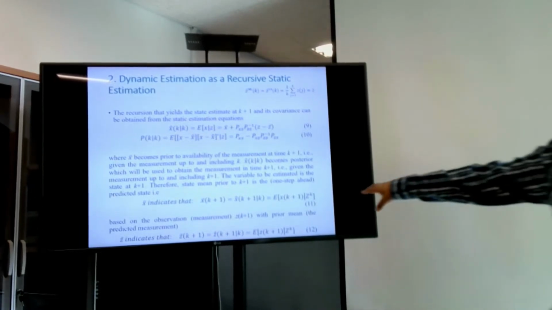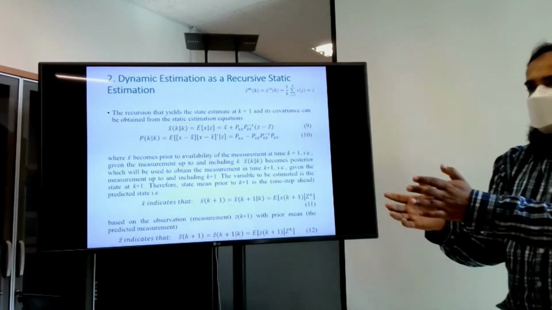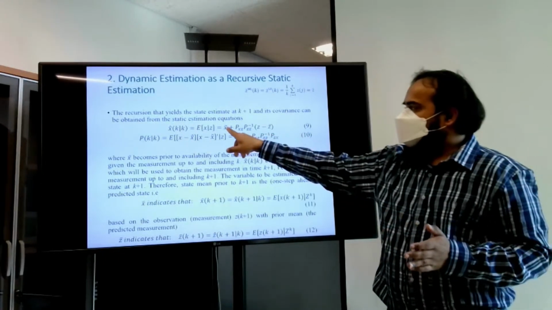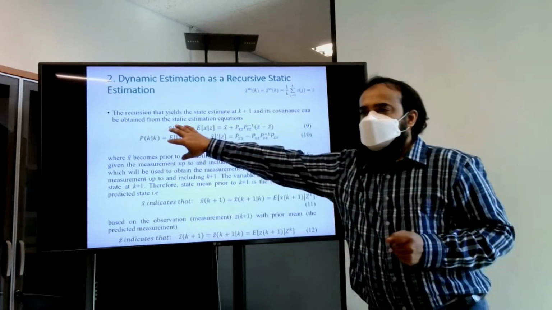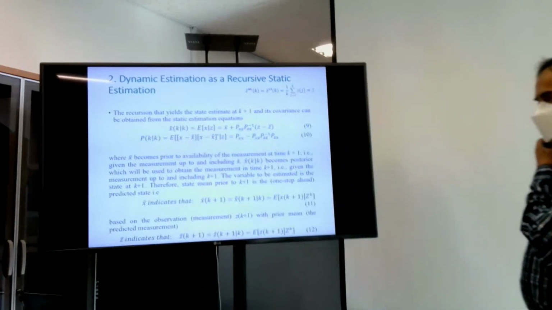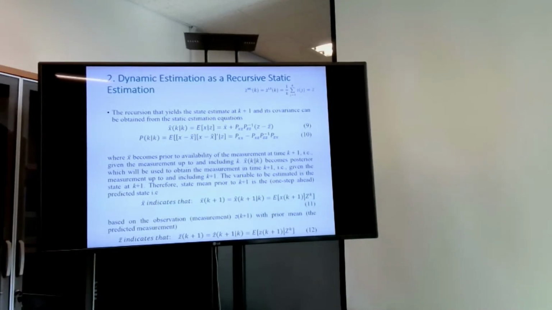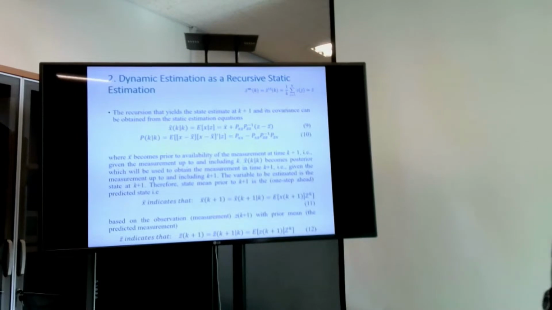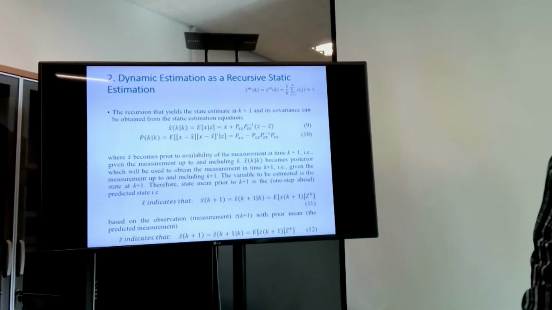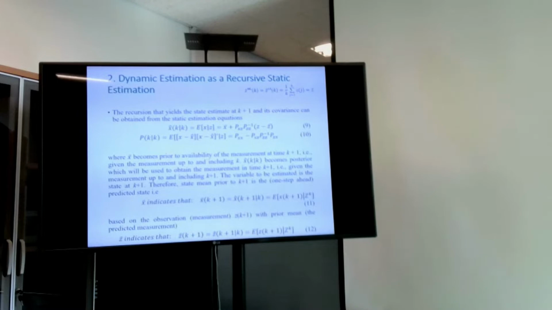I have already discussed this thing here, because the Kalman filter must use the predicted information of x and the z mean to calculate the new information. Okay, clear?